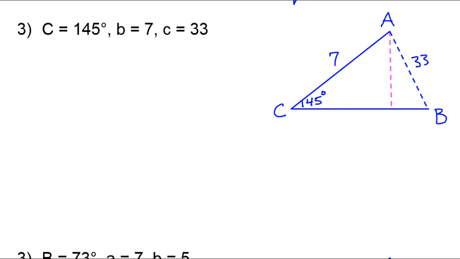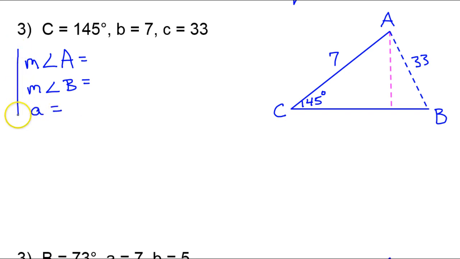So what you want to do is take note of the information you have and the information that you still need. So as far as angles that we're missing, we are going to need the measure of angle A. We're going to need to find the measure of angle B, which is missing. And we are going to need to find the length of side a, which is across from angle A. So we'll need to find the length of side a.